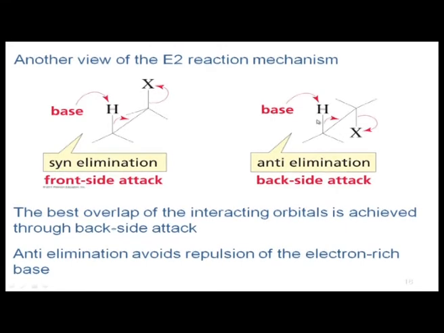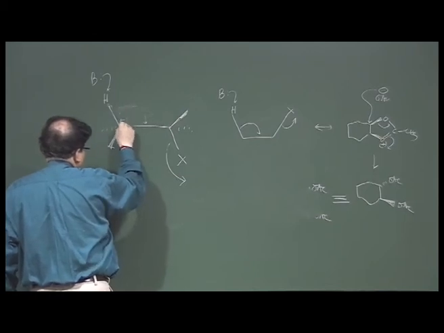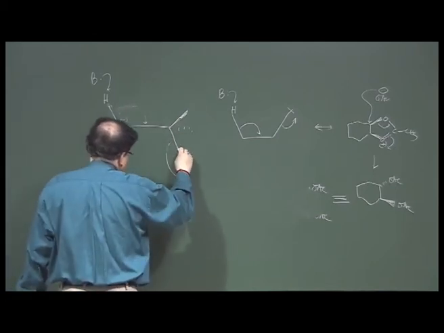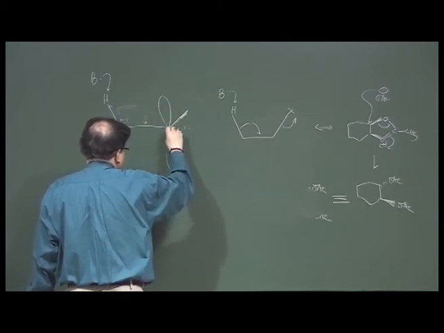And the other more important thing is that in anti elimination, the best overlap of the interacting orbitals is achieved through backside attack. Actually, what happens, you can think in this way: when this H is lost, you are generating an anion here, and the antibonding orbital of this C-X is empty on this side.